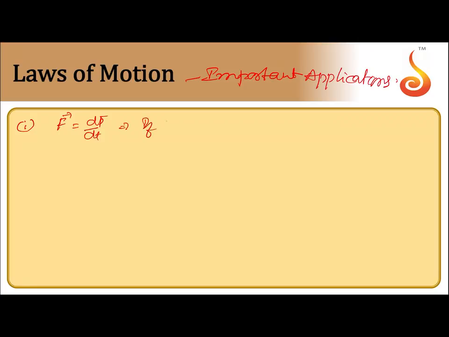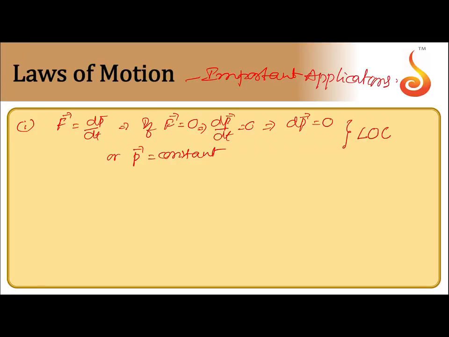Now, if force is 0, then dP by dt is also 0, which implies that dP is 0 or the change in momentum is 0. Correct? Change in momentum is 0 implies momentum is equal to constant. This is what is known as law of conservation of momentum.